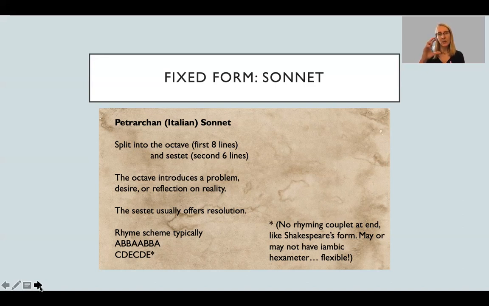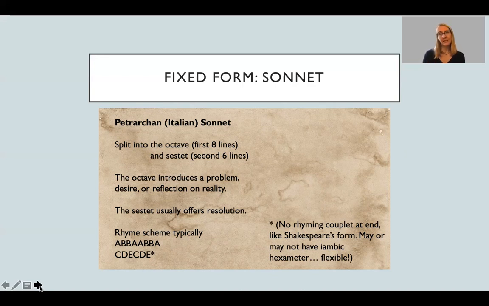And the reason why that happens is that usually in the first 8 lines, the poet introduces something that they want to talk about. It could be a problem they're having, something that they desire. It might be a reflection on their understanding of the world, or maybe something that's happened to them in the past. And then those remaining 6 lines, the sestet, usually offers some sort of resolution.